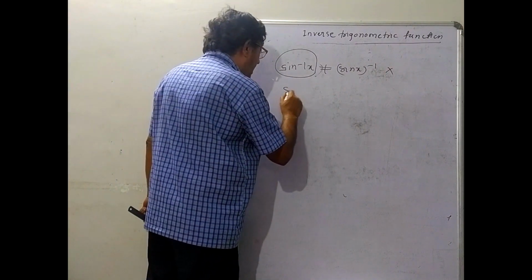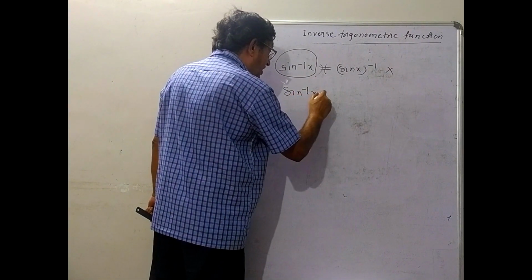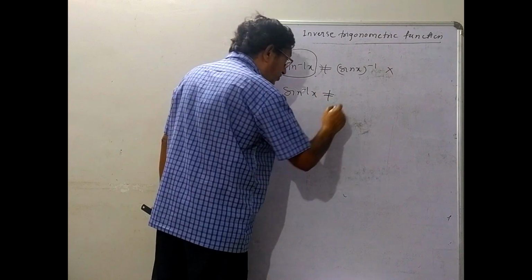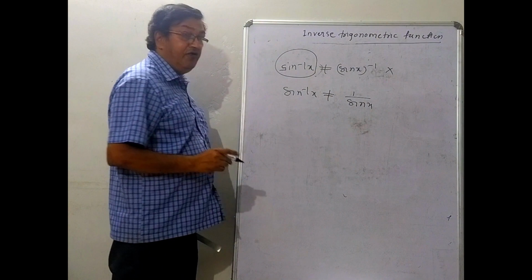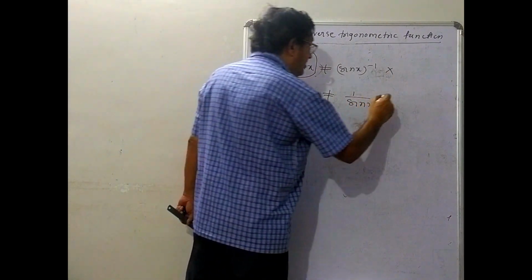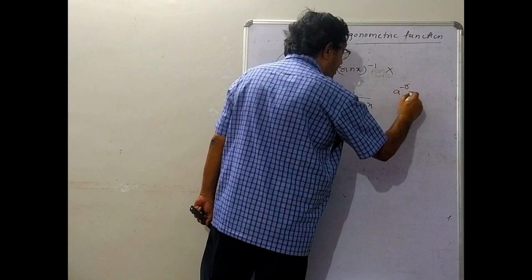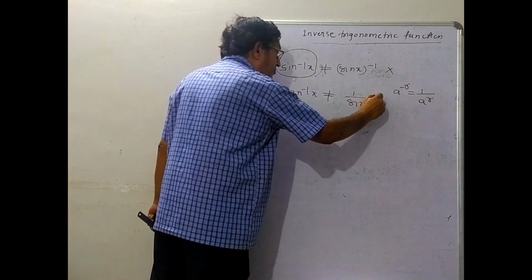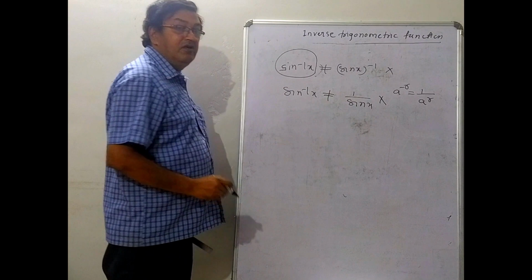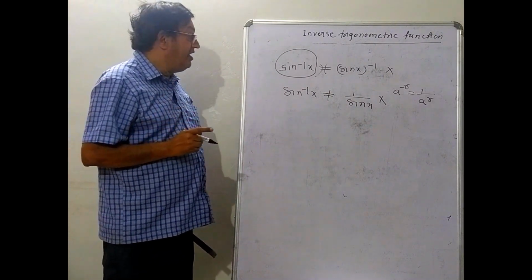Sin inverse of x also cannot be written as 1 divided by sin x, because you may get confused sometimes. The algebraic result a raised to -r is 1 divided by a raised to r. These will not hold here. Then what is sin inverse of x?